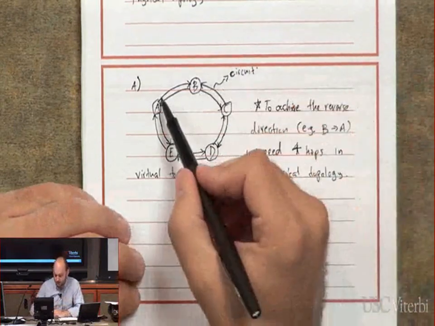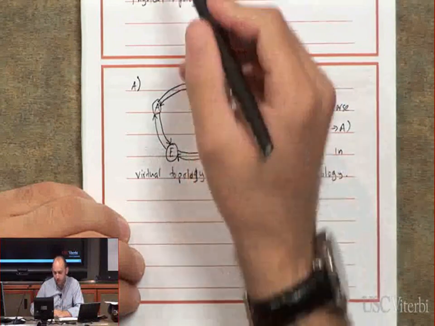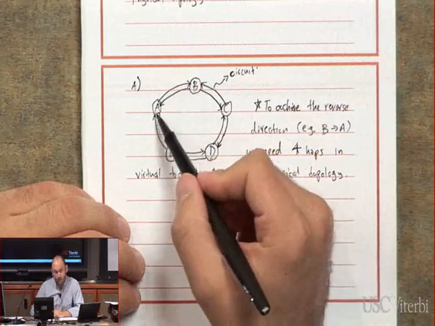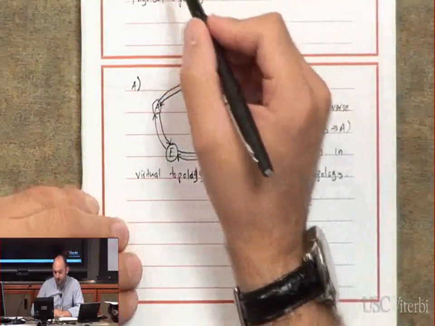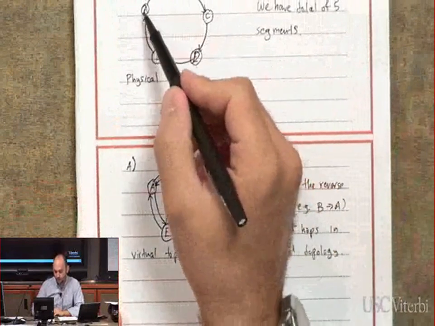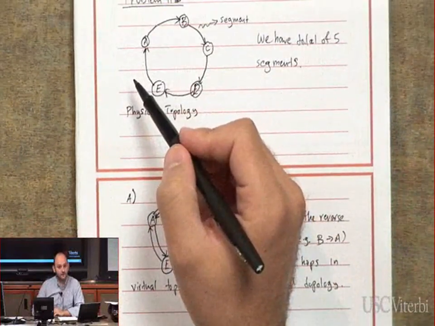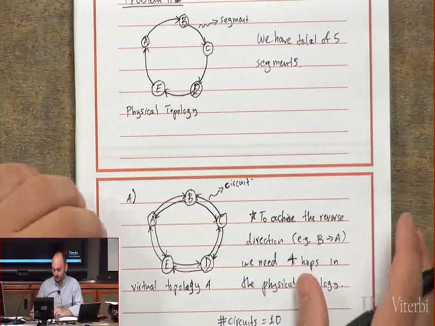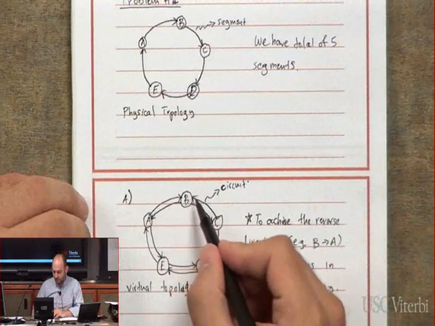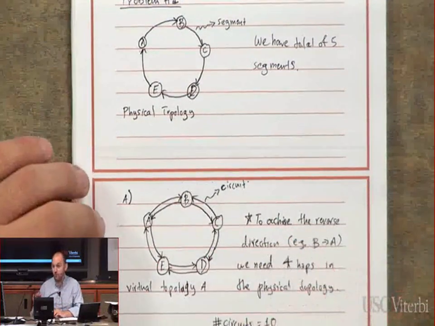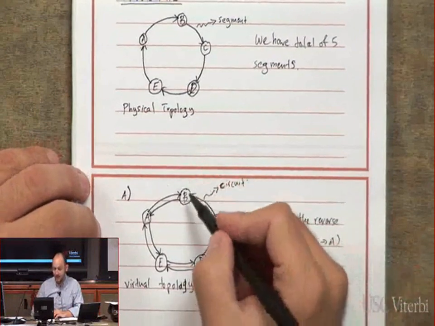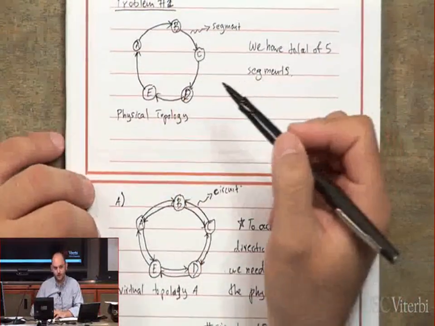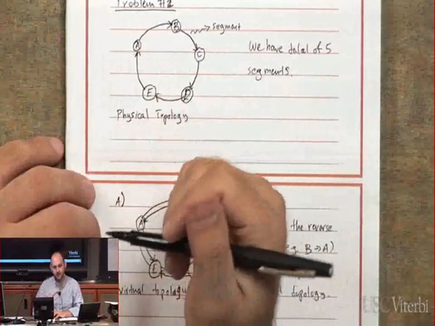Now, the segment length of this A to B circuit is 1. One segment, they are directly connected. The segment length of B to A is 4. You have to go all the way down. Do you agree? We're counting it in segments. Make sense? So A to B, B to C, C to D, and so on. This is 1 in segments. The reverse, all of them are 4, because in the physical topology, you have to go all the way down to achieve the virtual reverse path.